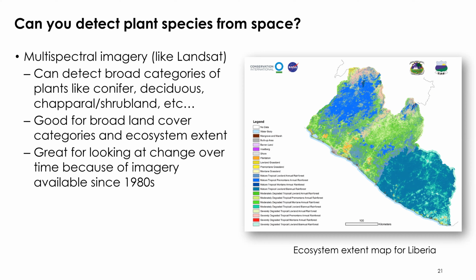Depending on what the use is, this example right here is a map that NASA and Conservation International worked on together to create, an ecosystem extent map for the country of Liberia. It might be a little hard to read, but essentially it's montane grassland, lowland grassland, moderately degraded tropical lowland rainforest. So they're quite broad categories that you can get with the Landsat imagery.